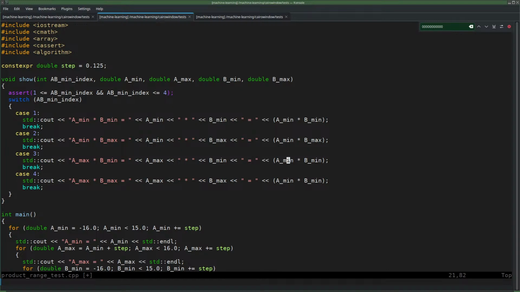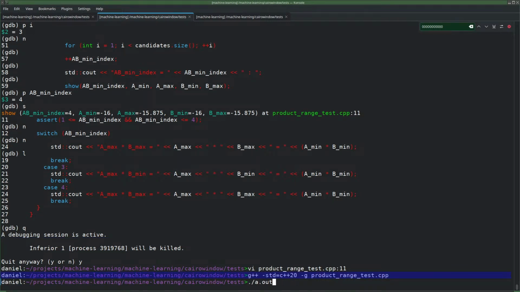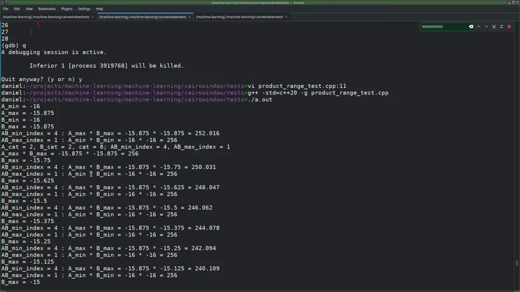Max times min. Max times max. So now we say that AB min, aka the smallest product that you can get, is really the smallest one, but everything is negative, so we're always going to multiply two negative numbers, giving a positive number.